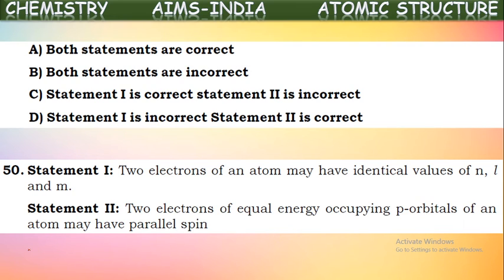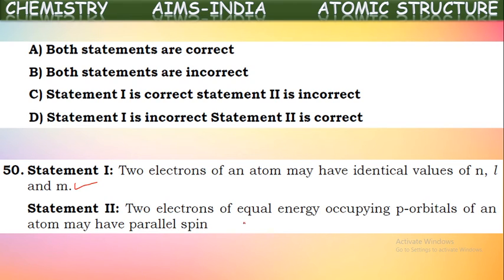If two electrons are present in the same orbital, they will have the first three quantum number values the same. That means principal quantum number, azimuthal quantum number, and magnetic quantum number values will be the same for electrons in the same orbital. Only the spin quantum number value will vary. So this is a correct statement.